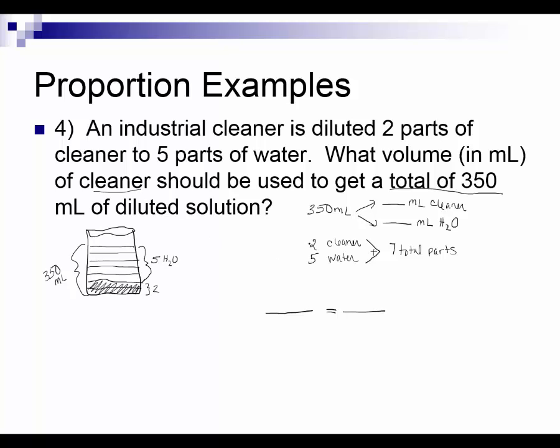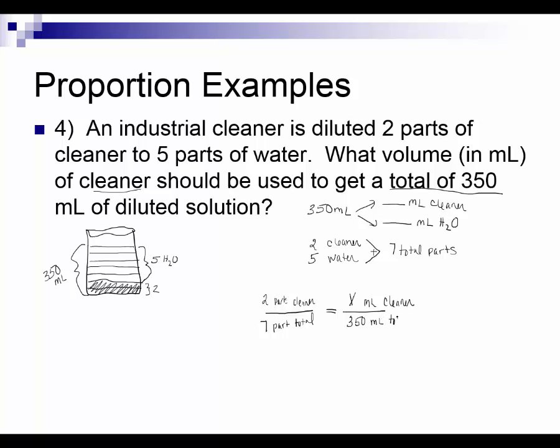So I know that the cleaner is 2 parts cleaner out of 7 parts total. We're asked what volume of cleaner, so that's my X milliliters of the cleaner, out of a total of 350 milliliters.